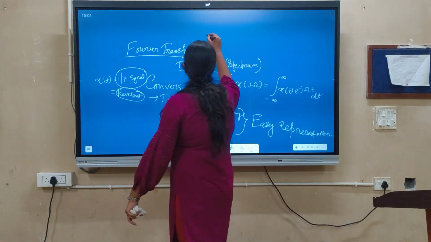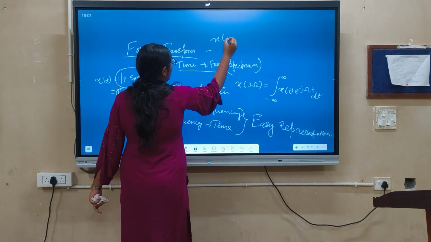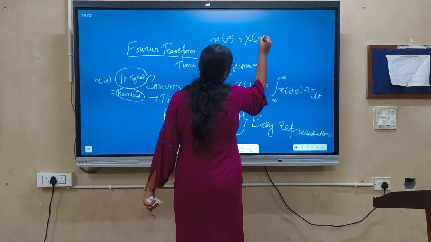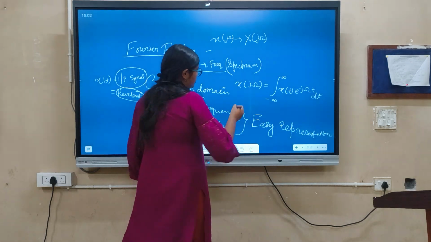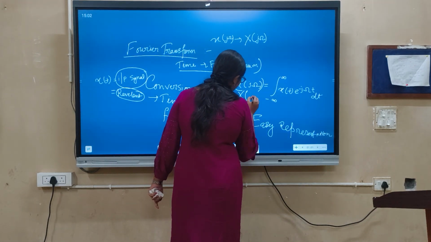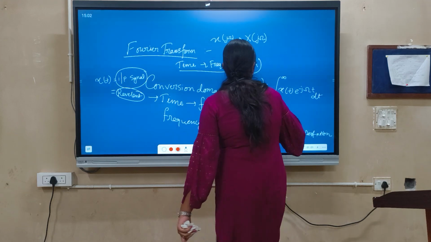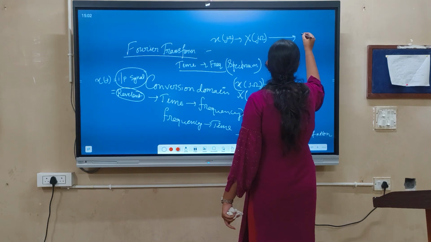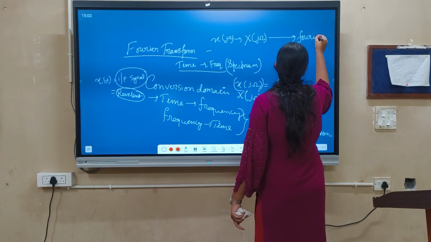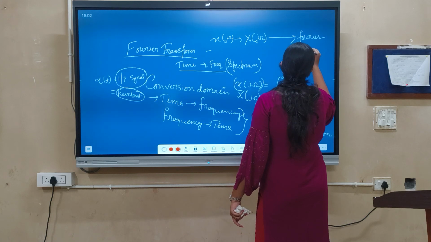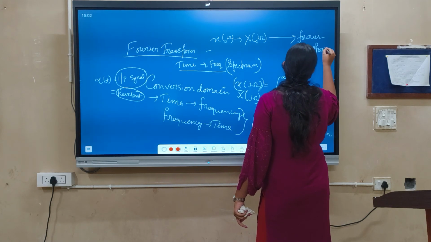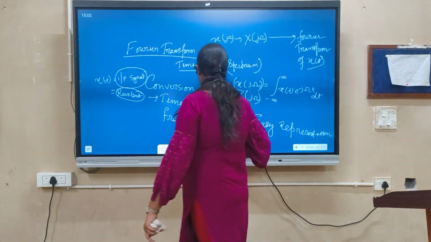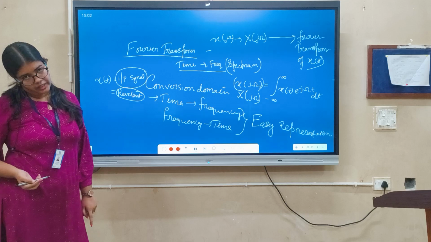So we can write capital X of j omega, that is the Fourier transform of x of t, right?